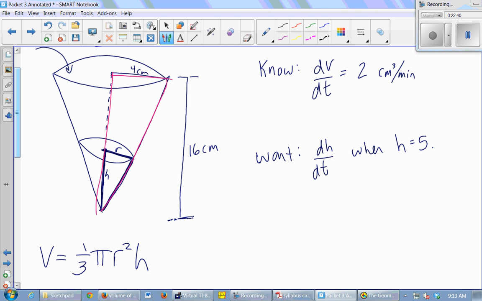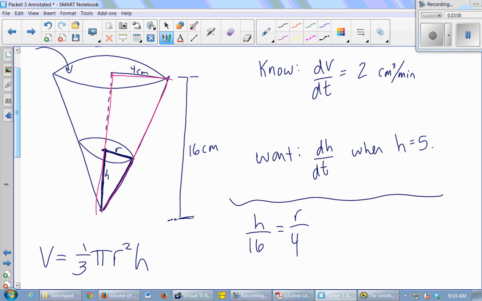Okay, so similar triangles, their sides are in proportion. So I could say h is to, what's the height of the full cone? 16. So I could say h is to 16 as r is to what? 4.